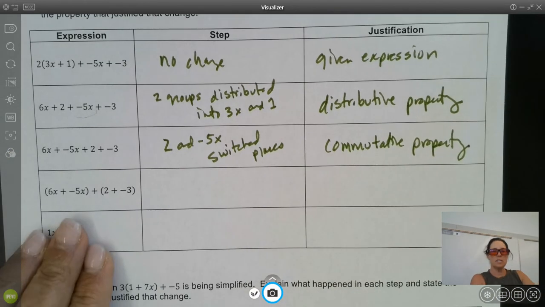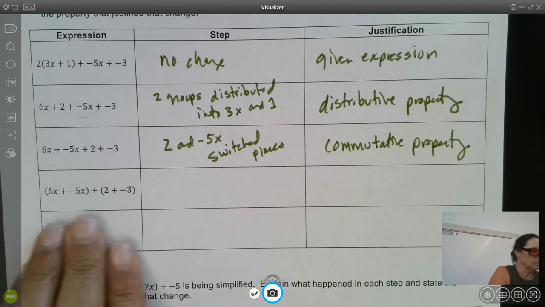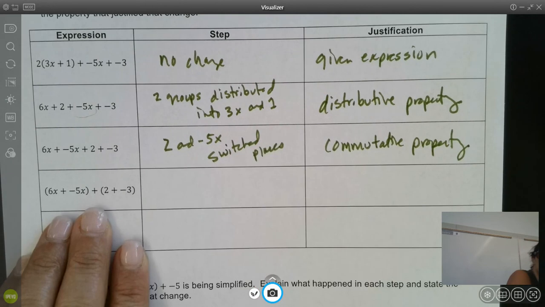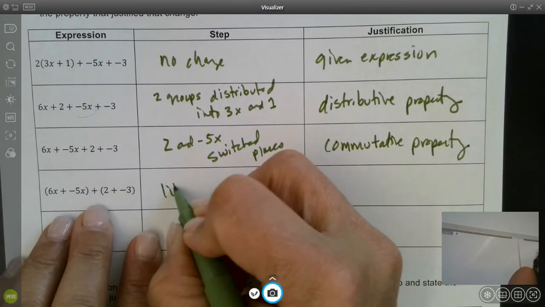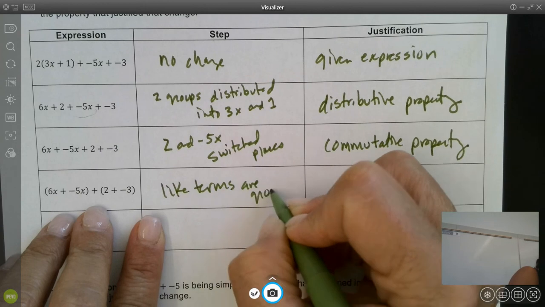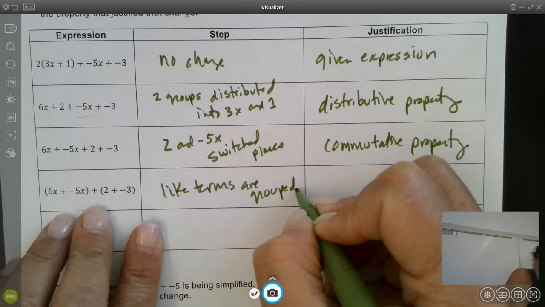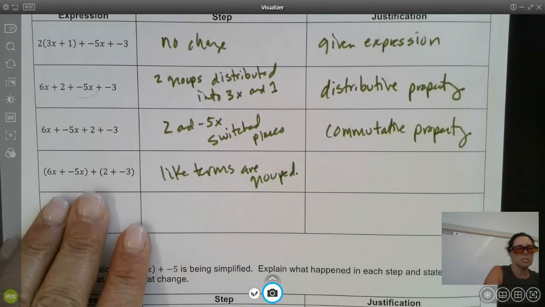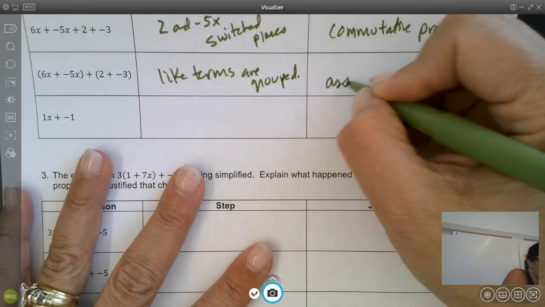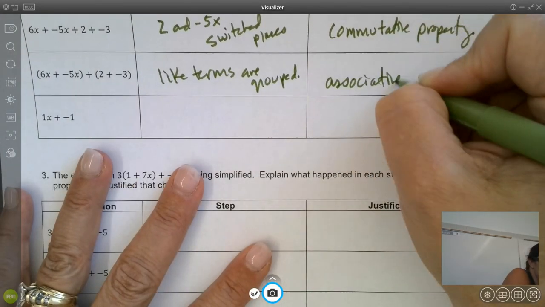Then all of a sudden these parentheses get tucked in. I'm going to just say the like terms are grouped. That means that the terms with the x's are grouped and the terms that are just numbers were grouped. That's by the associative property.